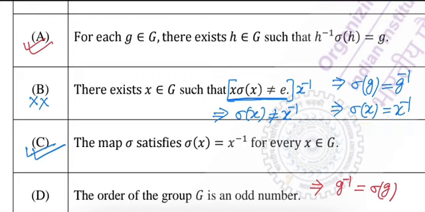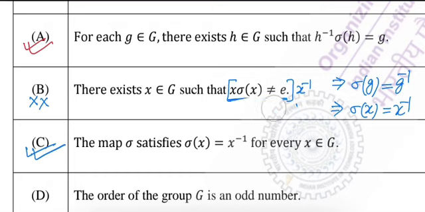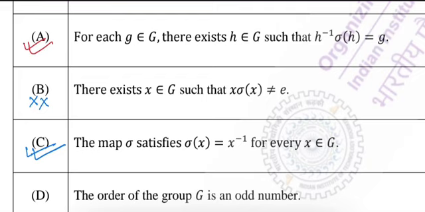Now I go for the last one. For that I erase all these things. The last one is: the order of the group G is an odd number. To prove this, we assume the opposite of this statement. I mean, let the order of G be an even number.